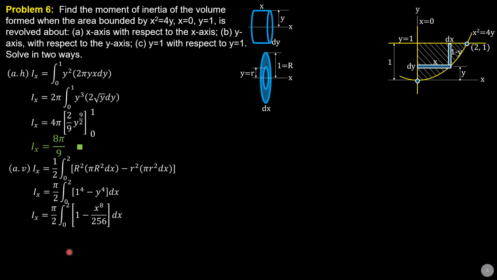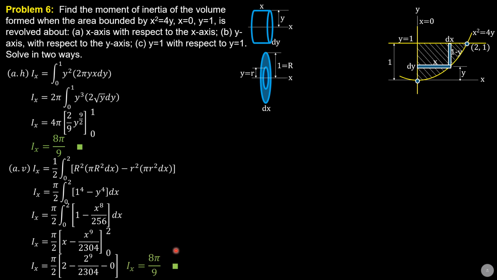So that would be pi over 2 times quantity x minus x to the 9 over 2304 from 0 to 2. So substitute 2: pi over 2 times quantity 2 minus 2 to the 9 over 2304 minus 0. So the answer is the same, 8 pi over 9.